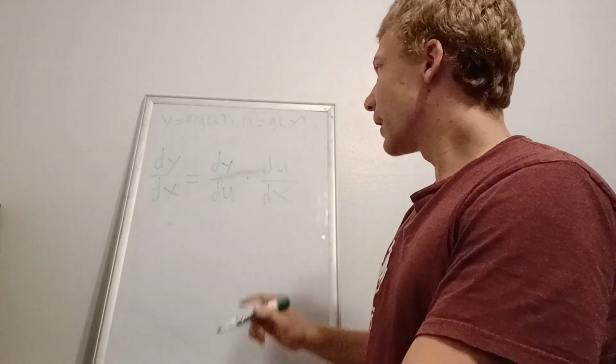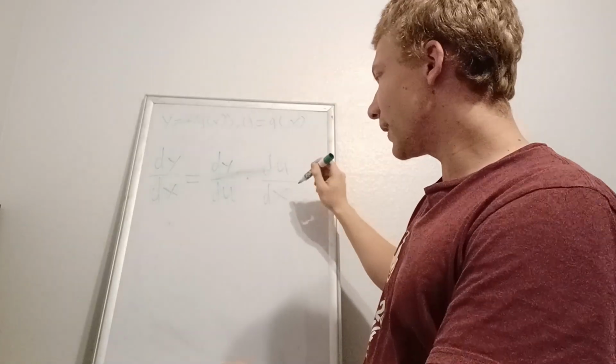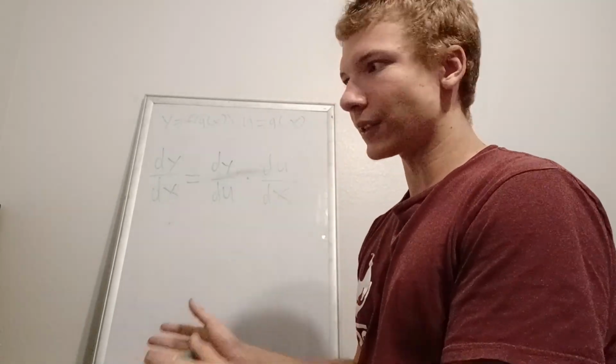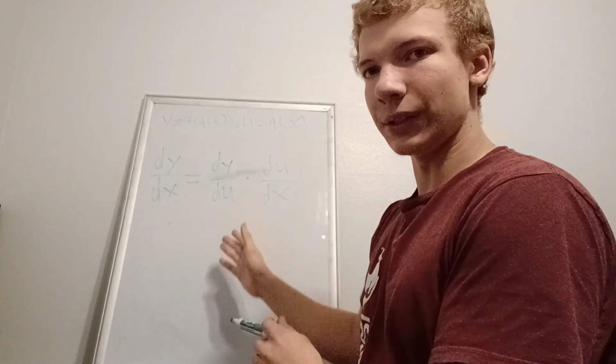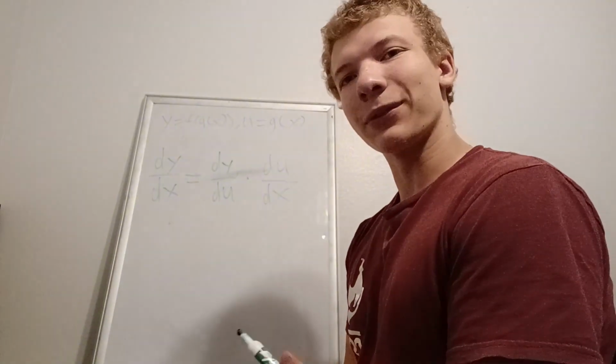Which means that the infinitely small chunk of du that we get when we take dx might not be the exact same as an infinitely small chunk of du. We don't technically know that for sure yet. So that is what we're going to have to prove.